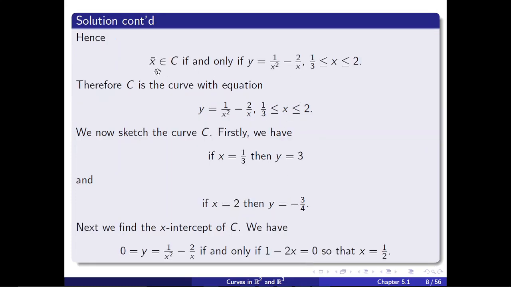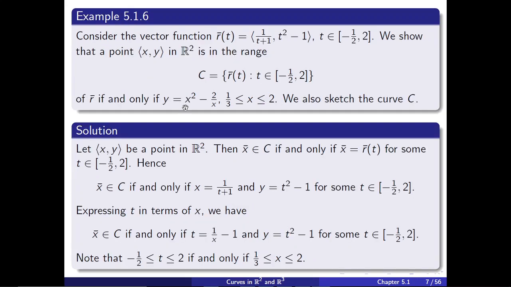So basically C is the curve with that equation where x is between a third and 2. I think here it's supposed to be 1 over x squared instead of x squared, right?